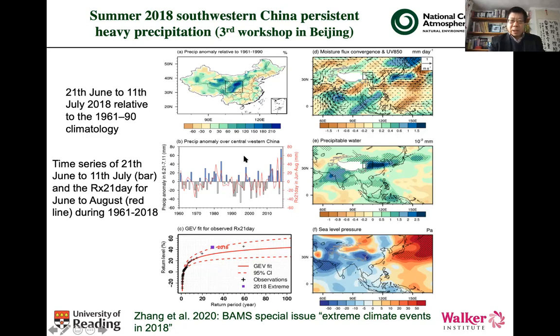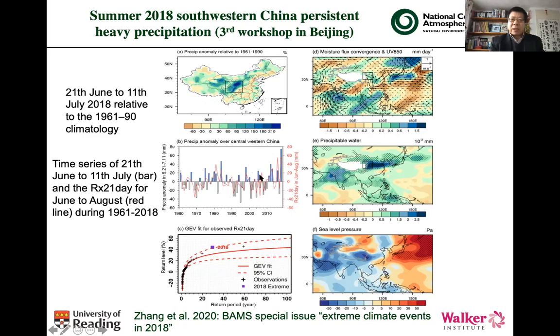You can see for the fixed period, 2018 is an extreme event, and the anomaly is about 70% of the climatology. Another way to look at this extreme precipitation is to look at the distribution of the 21-day maximum precipitation over the period from June to August, showing red lines.